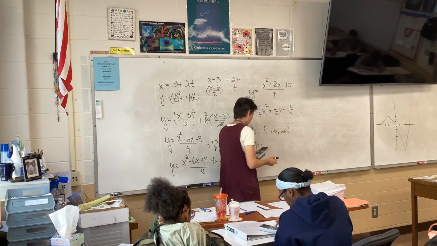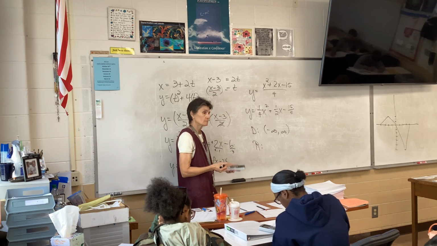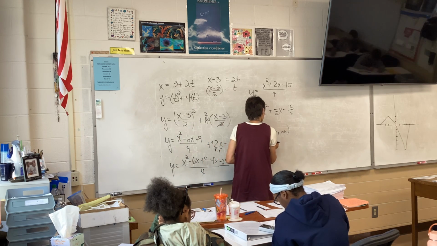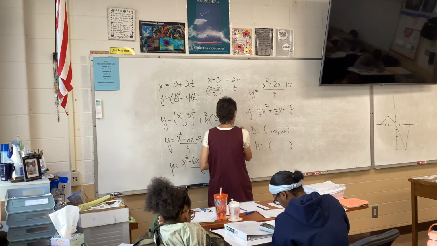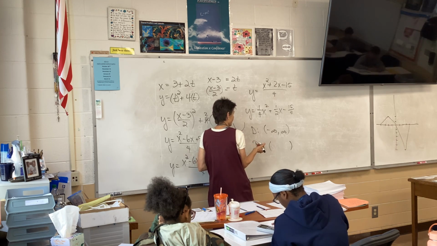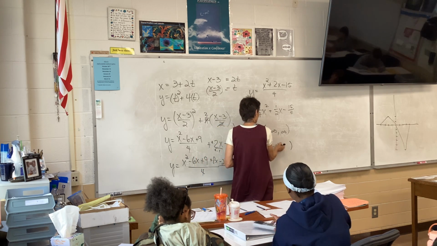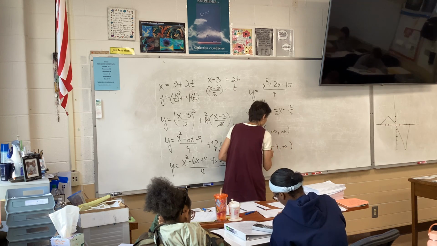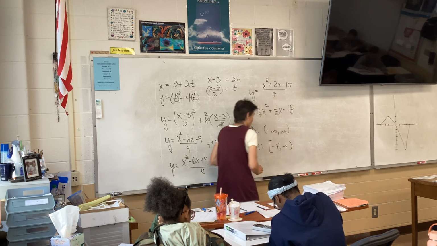I got -4. So what is my range then? It's a parabola opening up, and this is -4 down here. So how do I write that? -4 to infinity, and this actually needs to be a bracket.